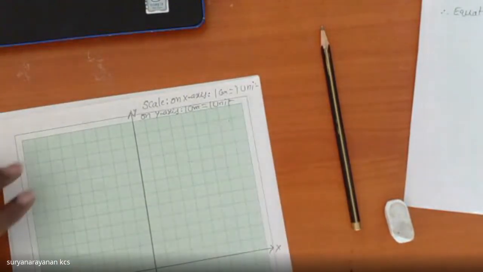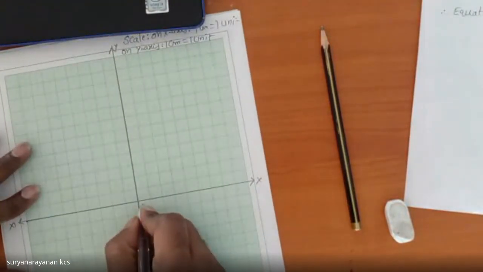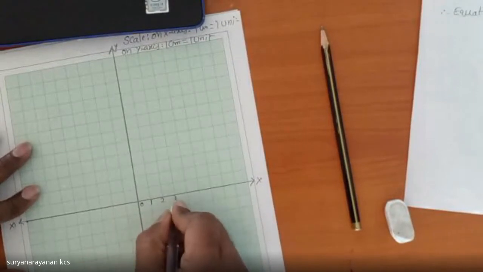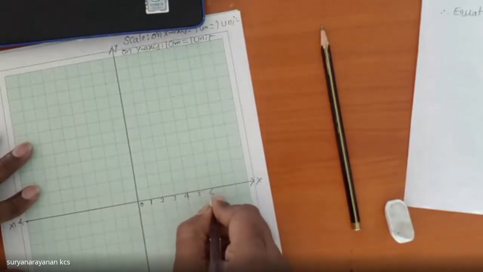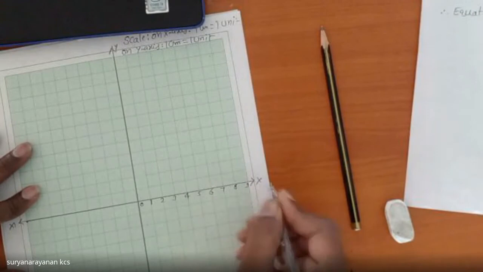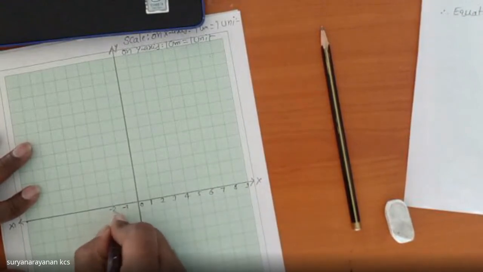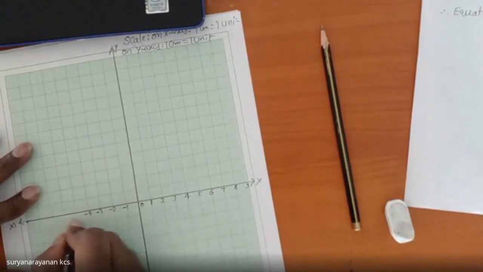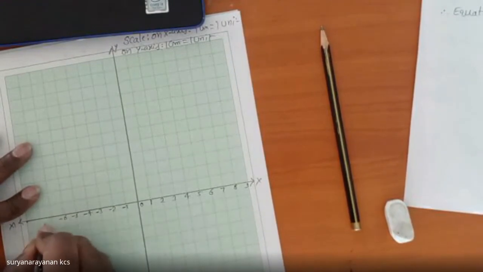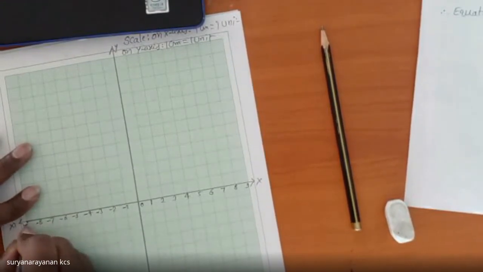So like this, I have taken the scale on x-axis 0, 1, 2, 3, 4, 5, 6, 7, 8, 9, and minus 1 to minus 9.